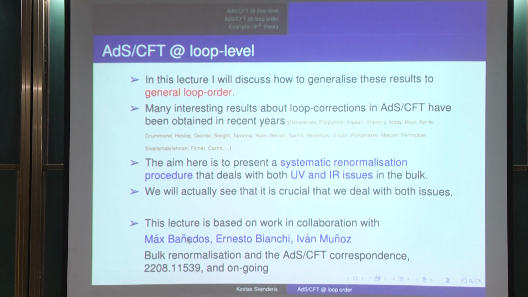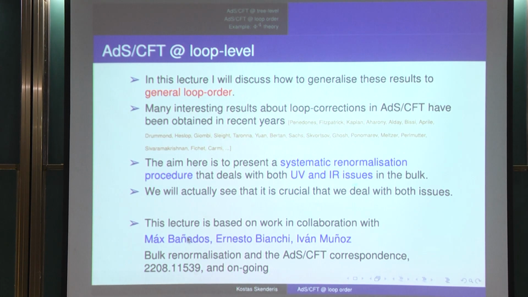So now we reach the point where the CFT side is far more developed than the AdS side. And there have been hand-wavy arguments about how the bulk would work, but there hasn't been a complete and systematic discussion.